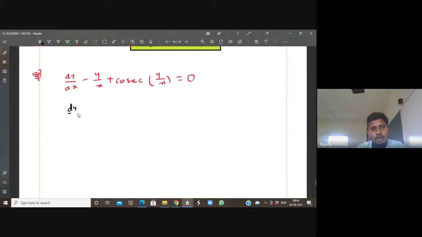Now dy by dx is equal to plus y by x minus cosecant y by x. Let us take this as 1. Now again take the RHS value.